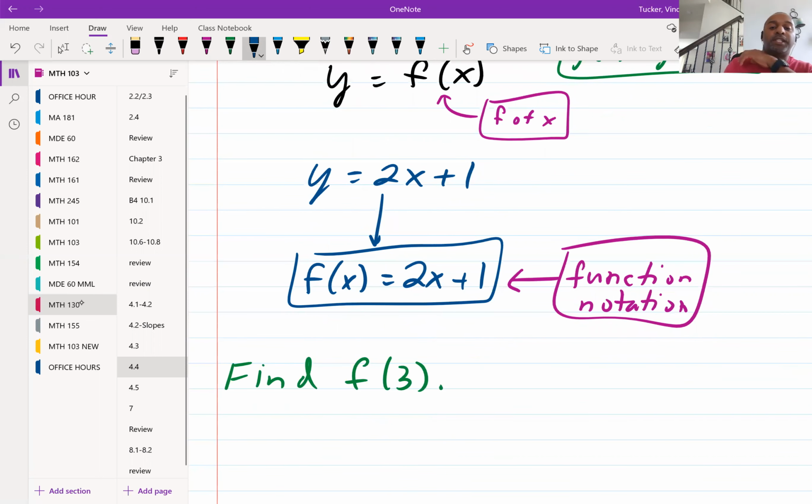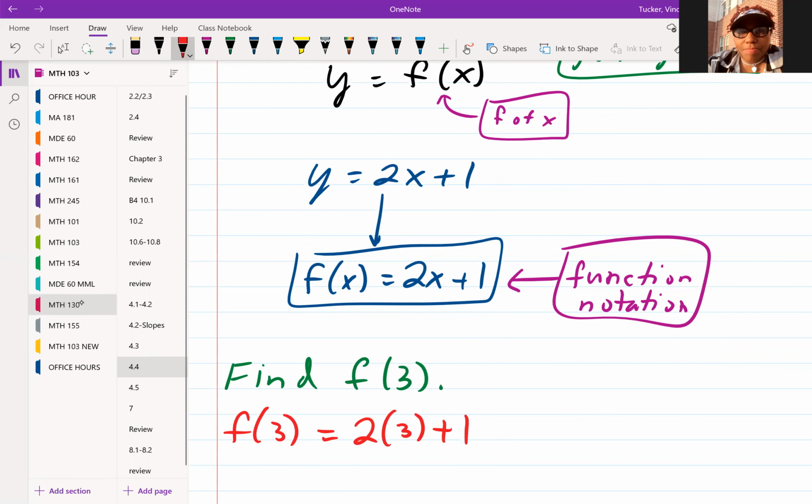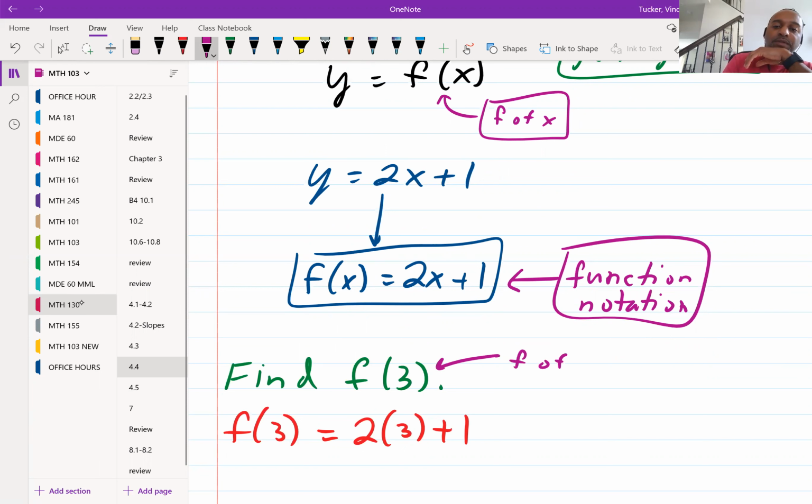And then that just means you're going to plug in 3 wherever x is. Instead of saying f of x, now you're saying f of 3.